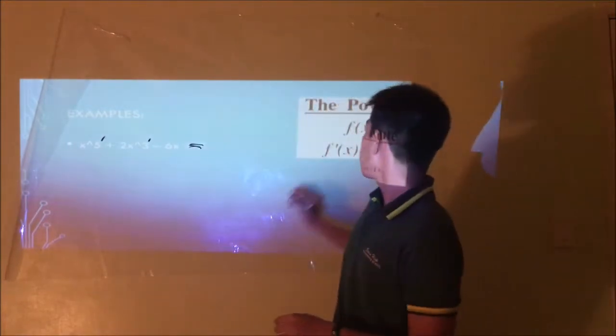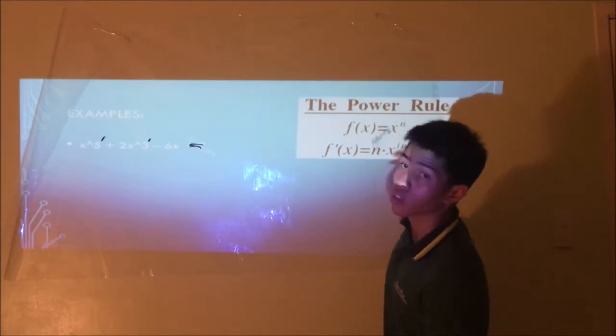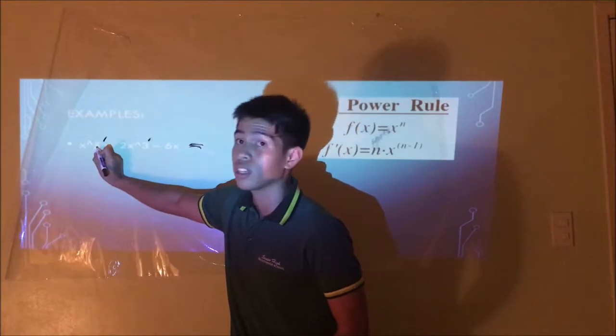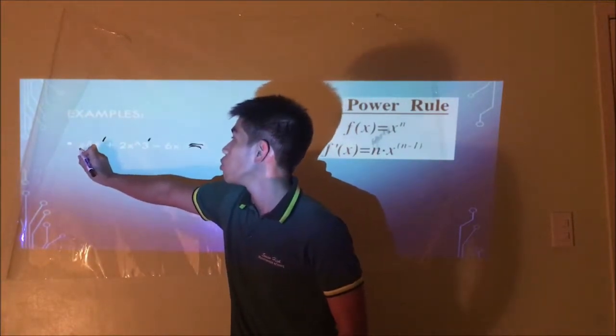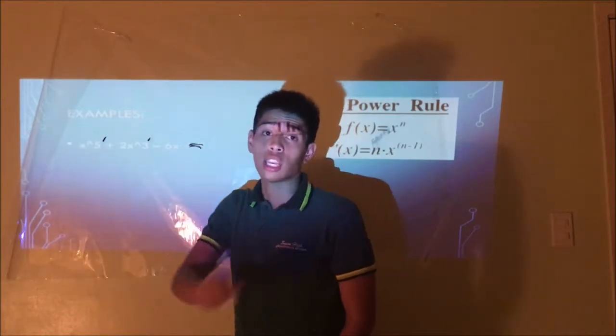Next, we follow the rule: n times x raised to n minus 1. So simple. 5 times x. You see there's no number on x, but that's equivalent to 1.